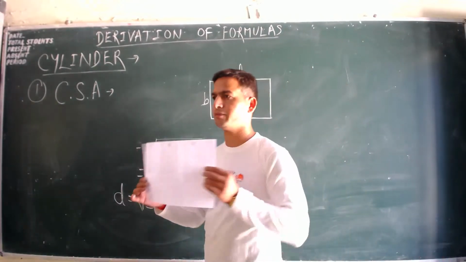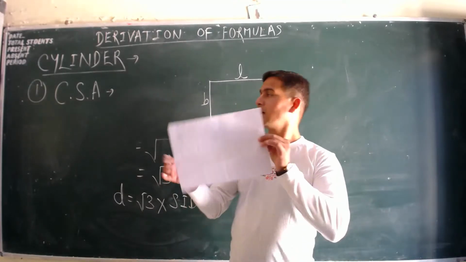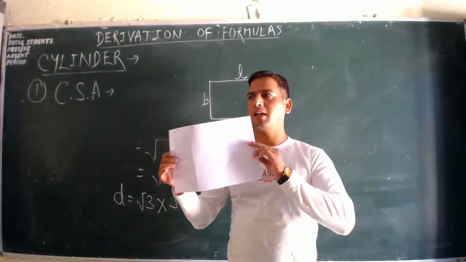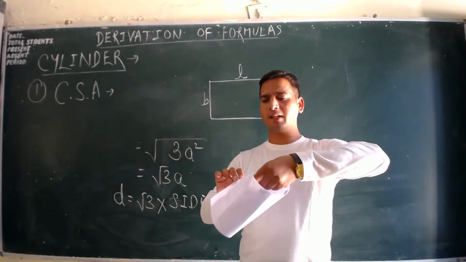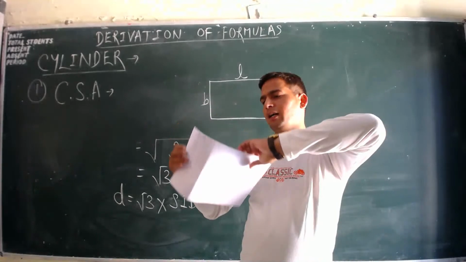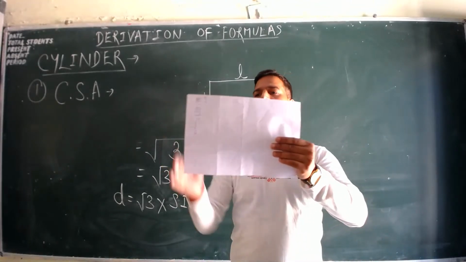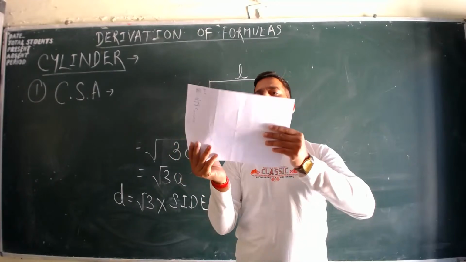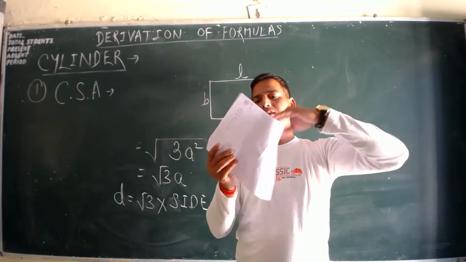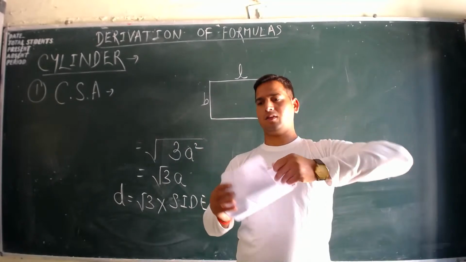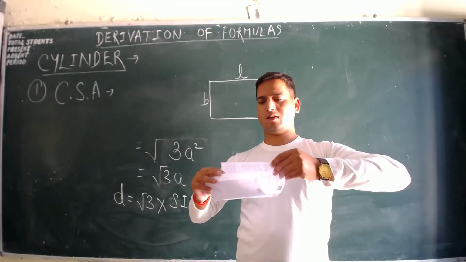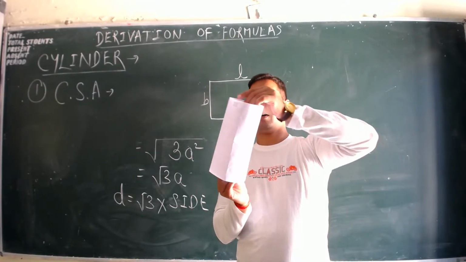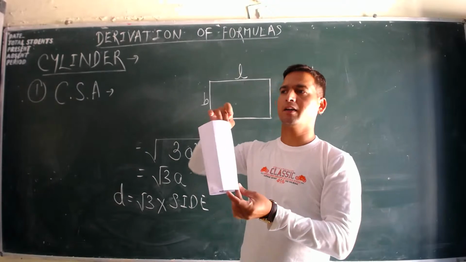Now, look, this is a rectangle. Its length is represented by L, breadth by B. Now, I am folding the paper along the length. Clear? Now the hollow cylinder is prepared.